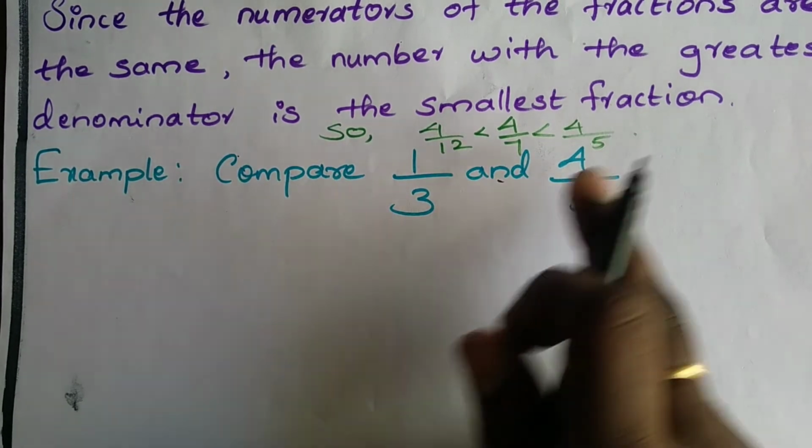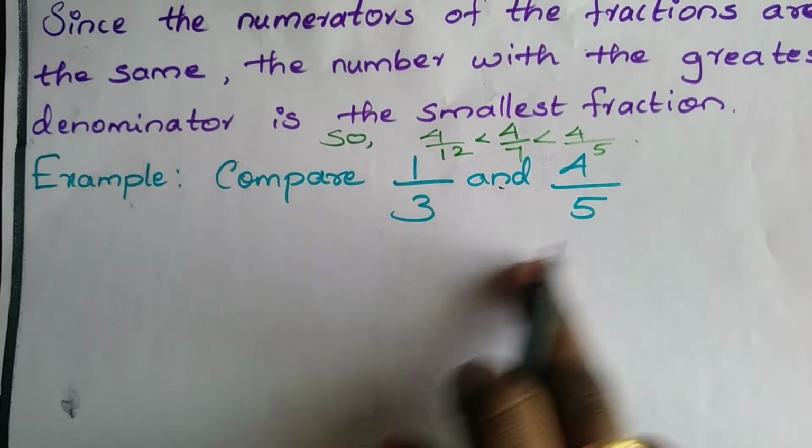This 1 by 3 and 4 by 5 are unlike fractions, with different denominators.